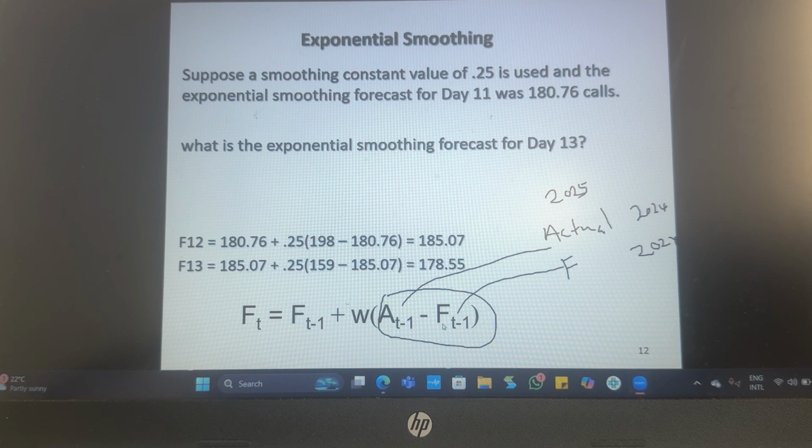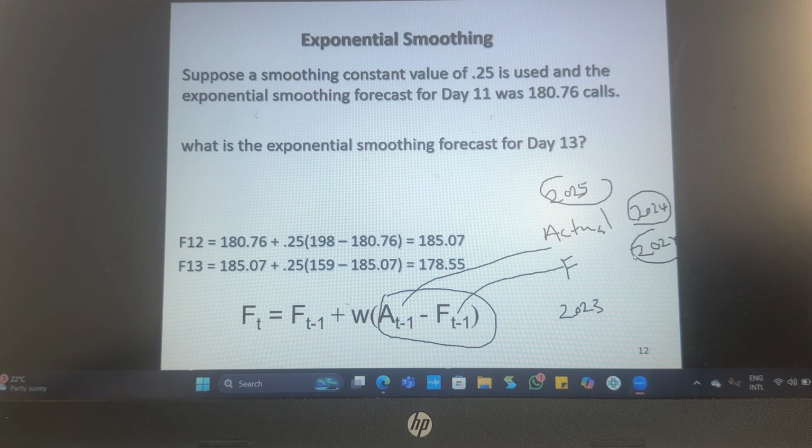So how do you understand this difference? Assume that we did these things in the year 2023. In 2023 we forecasted the 2024 value. Now we are in 2025, so we realize what actually happened in 2024.